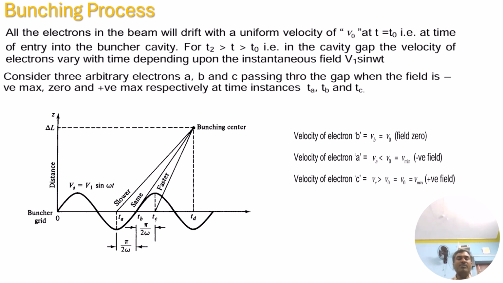The electron which falls at time Tc is accelerated due to positive RF voltage. All these electrons meet at one point at time equal to Td and the electron bunch is formed. This electron bunch has an enormous amount of energy which is sufficient to amplify the weak RF signal.